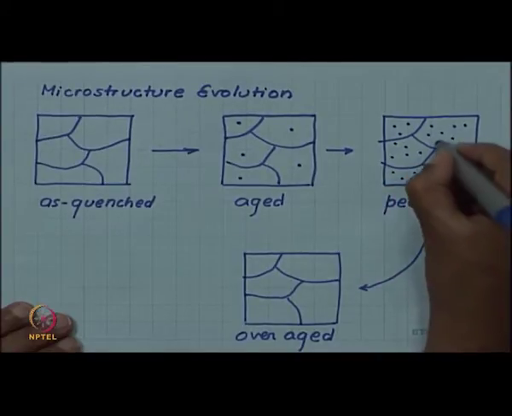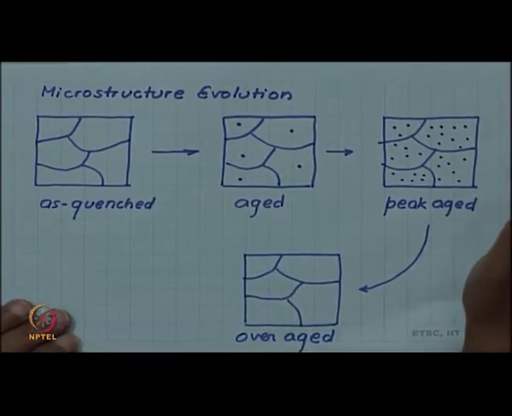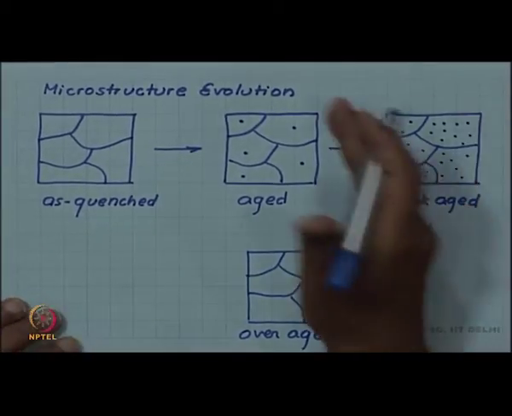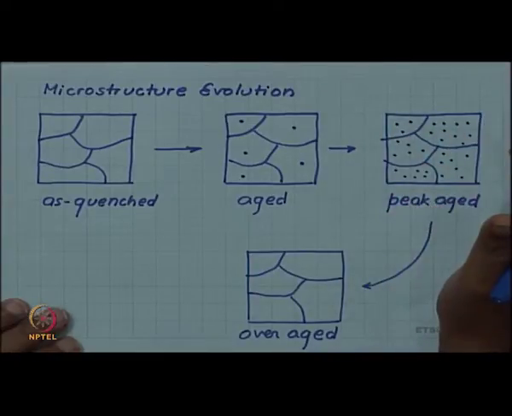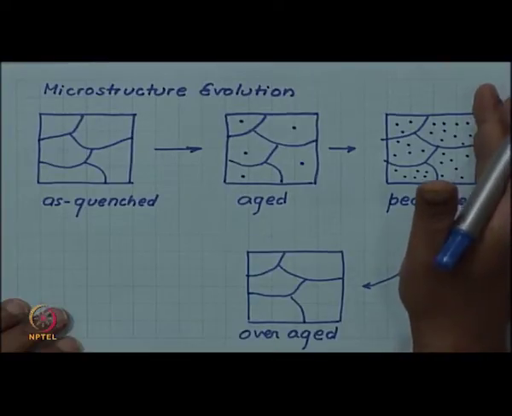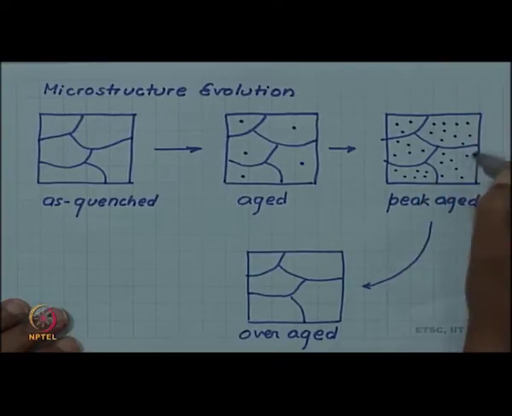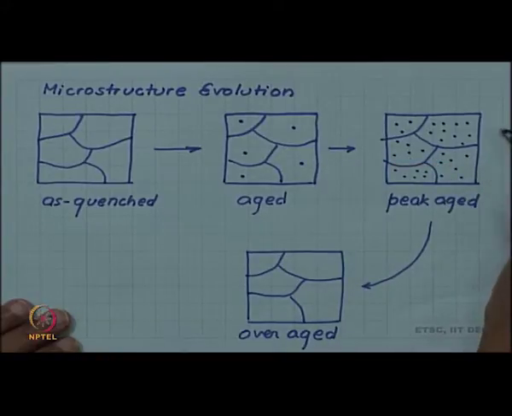So, you have a larger number density of precipitates in the peaked age condition. You can think of each precipitate as an obstacle center for dislocation motion. So, obviously, there will be more hindrance for a dislocation to be moving in the peak aged condition than in conditions before the peak aging.